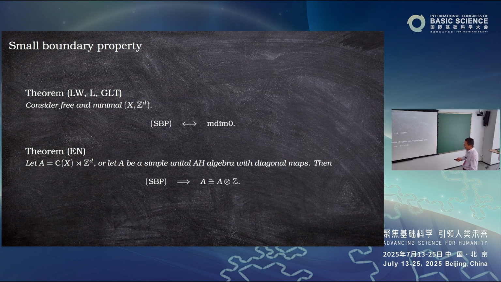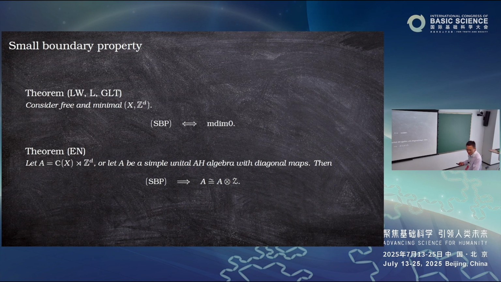So now you see that to really show that Z absorbing is equivalent to mean dimension 0, the only thing missing is this implication. Z absorbing should imply the small boundary property.